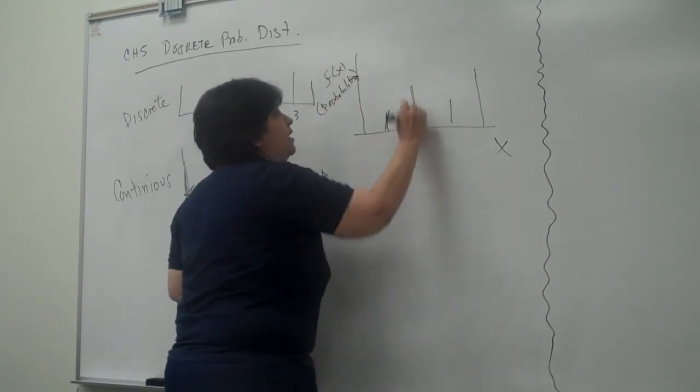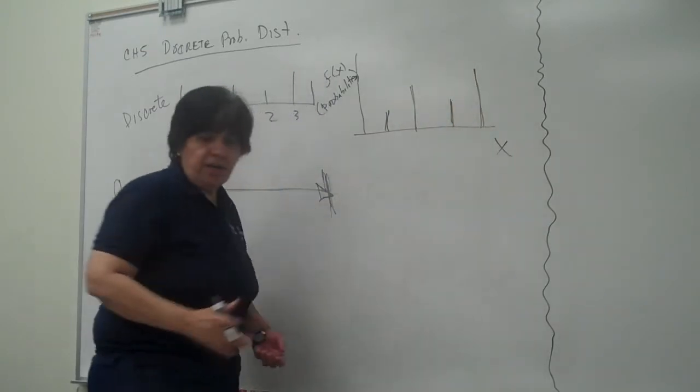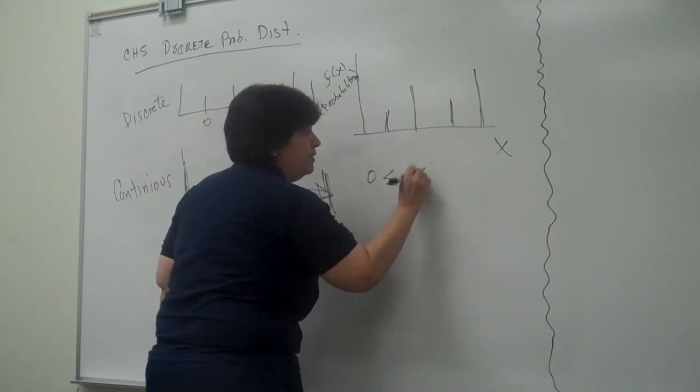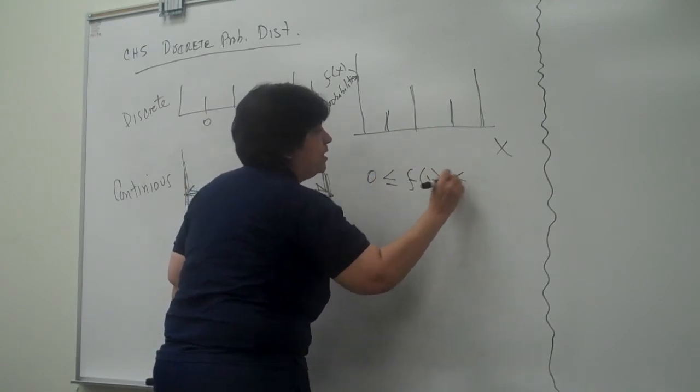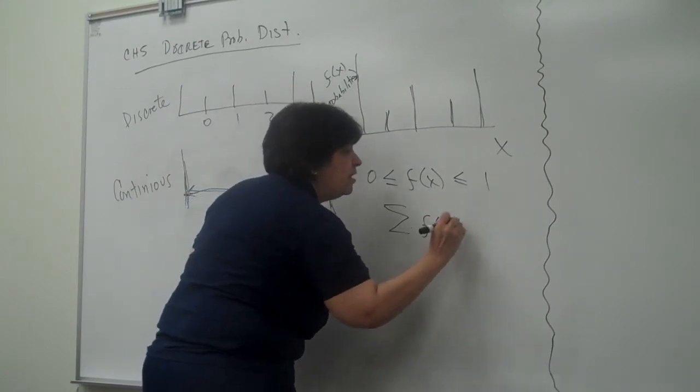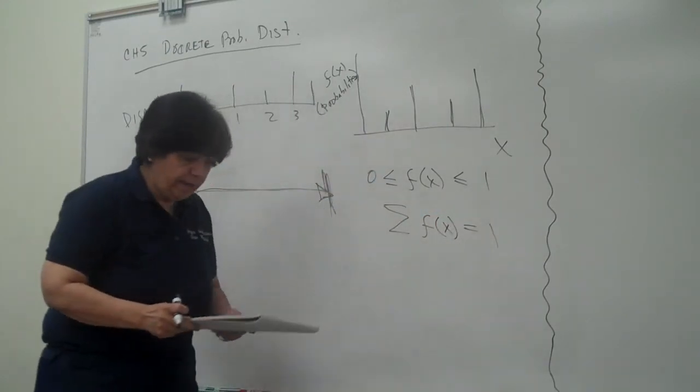Okay? F of x is greater than or equal to 0 and less than or equal to 1, and if I sum all the f of x, it's going to be equal to 1.